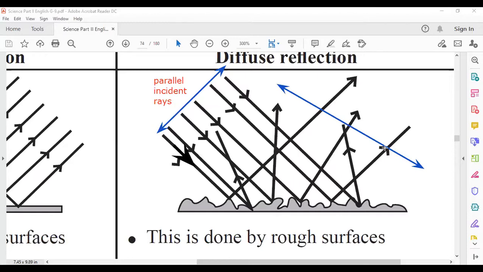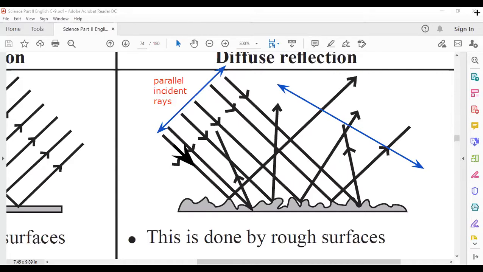Complete the word then. Diffused reflecting rays, not reflected rays, reflecting rays.